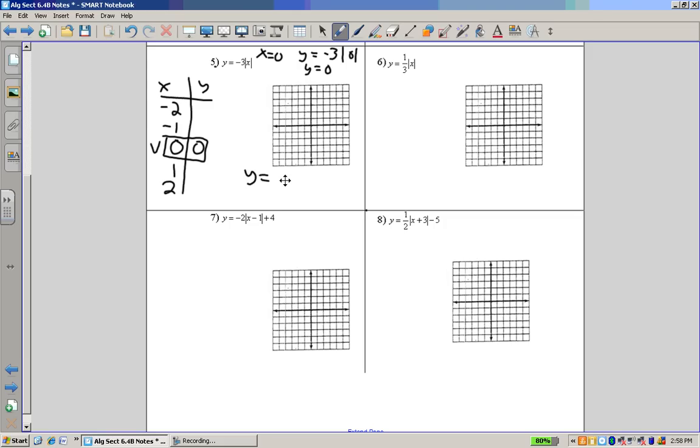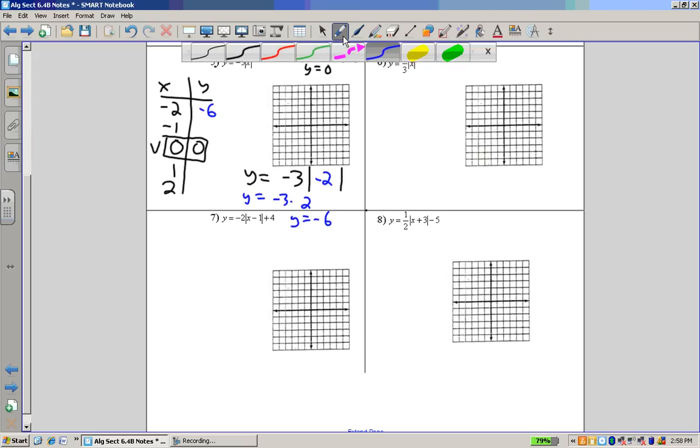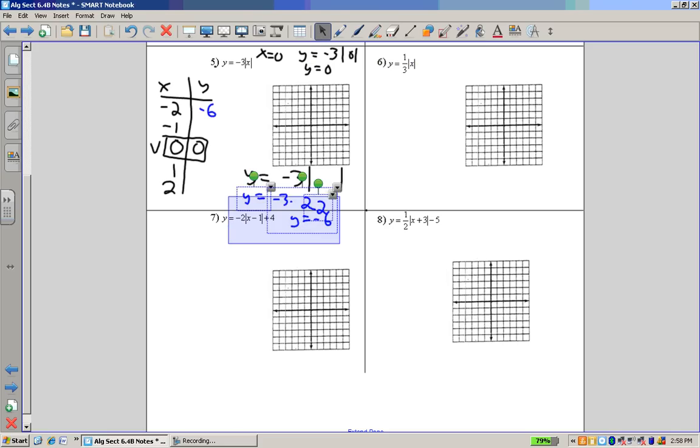Y equals -3 times the absolute value of, let's start with -2. The absolute value of -2 is 2. -3 times 2 is -6. Plug in -1. Y equals -3 times, -1 is 1 unit away from 0 on the number line.